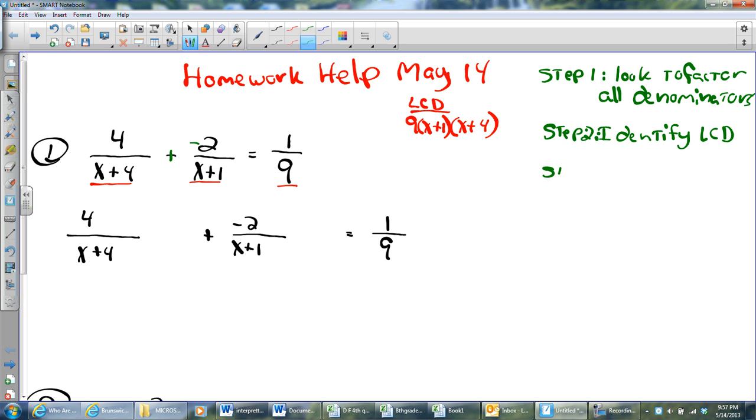So step 3 is going to be multiply all fractions, or all terms. In this case, they're all fractions. They don't have to be fractions, but all terms by the LCD.